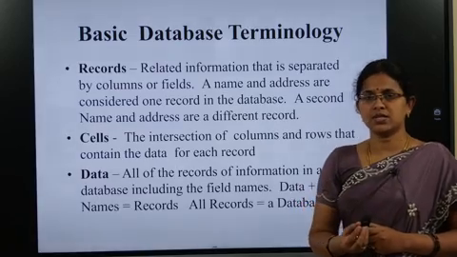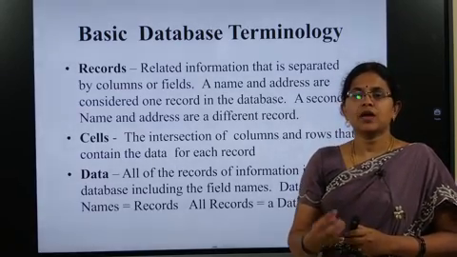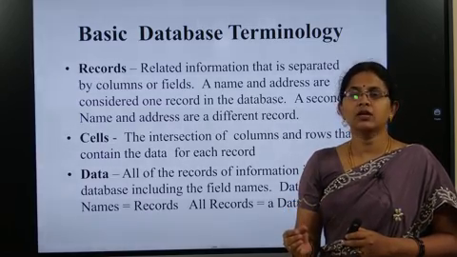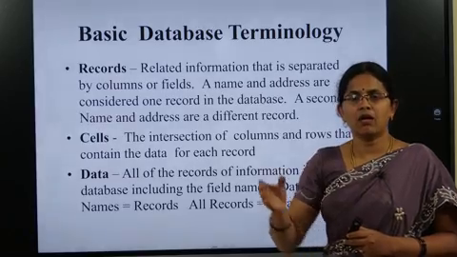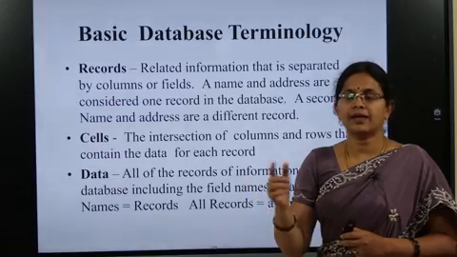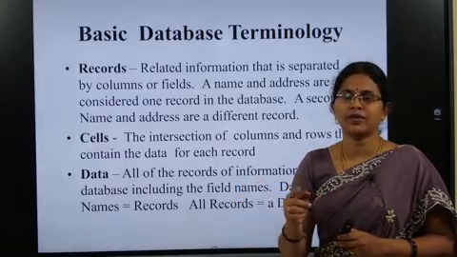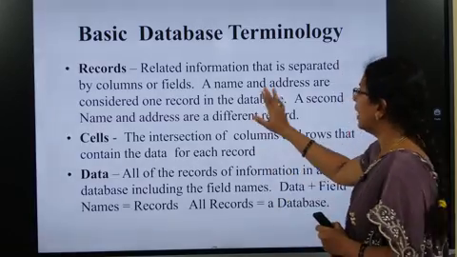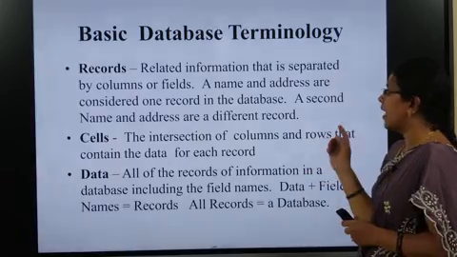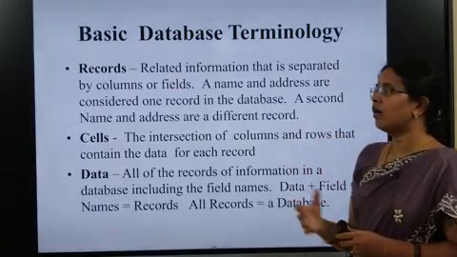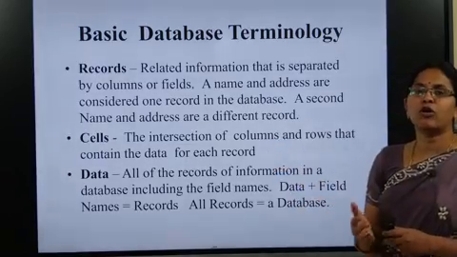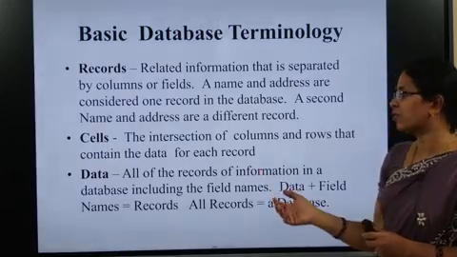Suppose a student is there: student number, name, area of living, phone number, Aadhaar number, all these are fields. The entire information related to all the fields of a single person is called a record. A name and address are considered one record in the database, and a second name and address are a different record. Cells: the intersection of a column and a row is a cell, as all of you know.